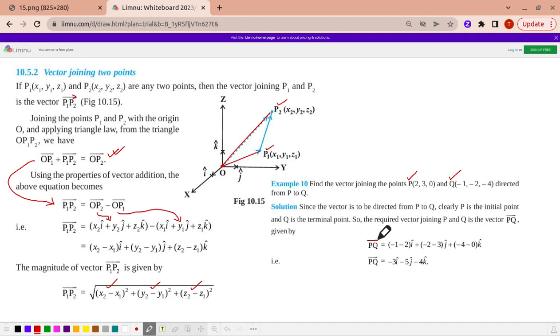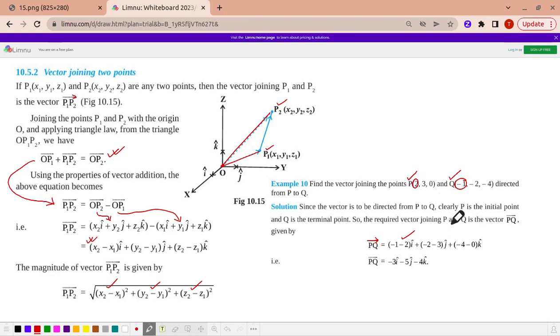Very simple: the x component of the point Q, that is minus 1, minus the x component of the point P, that is 2. So minus 1 minus 2 i cap.